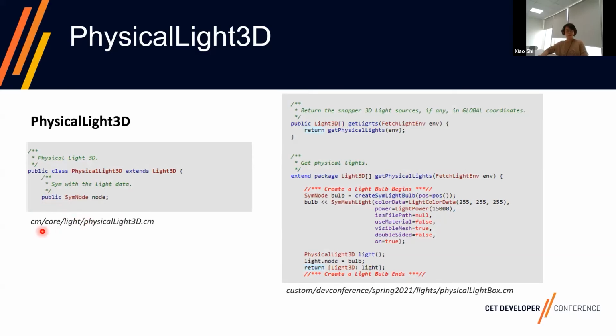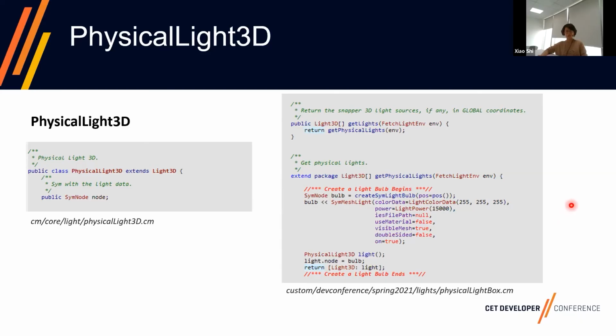This will come in 12.0, and now it's in a project branch. If you want to check it out, I also marked it in the conference extension with a label redirecting to the branch that you can enter. So this physical light is one type of light 3D.